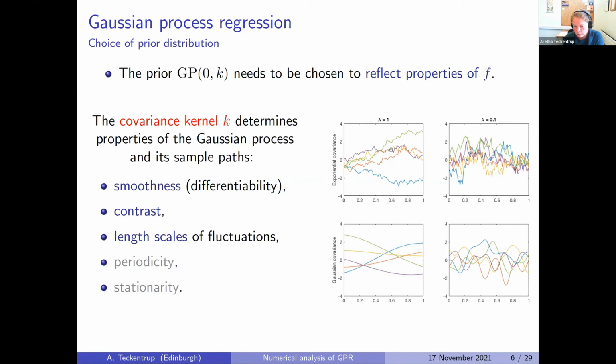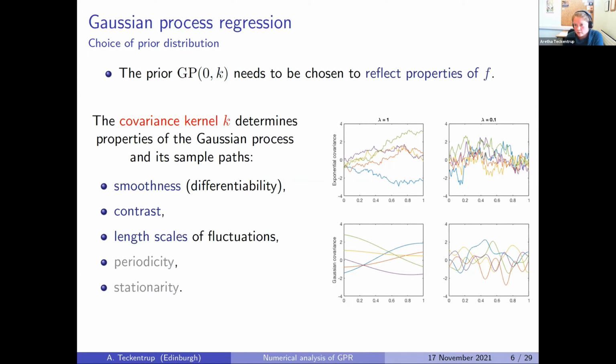In these plots on the left-hand side, I've chosen a quite large correlation length. The lambda here is the correlation length. It's quite large. On the right-hand side, the correlation length is much smaller, and you can see that you get much more fine-scale oscillations in the sample paths. So here, the samples only vary very smoothly, whereas here you do get oscillations on a much finer scale.